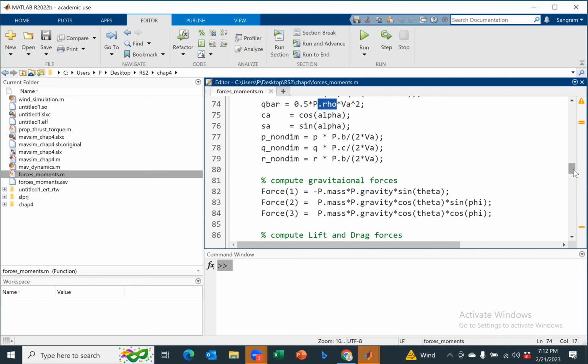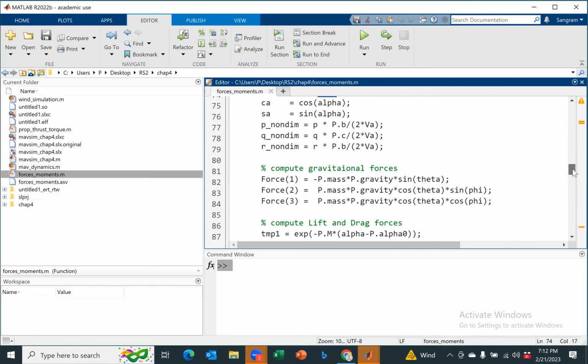So P is a structure, and P.gravity gives you the gravity. And then you use sine theta, cosine theta, sine phi, cosine theta, cosine phi to find out the force effects. So three components of forces: 1, 2, and 3.